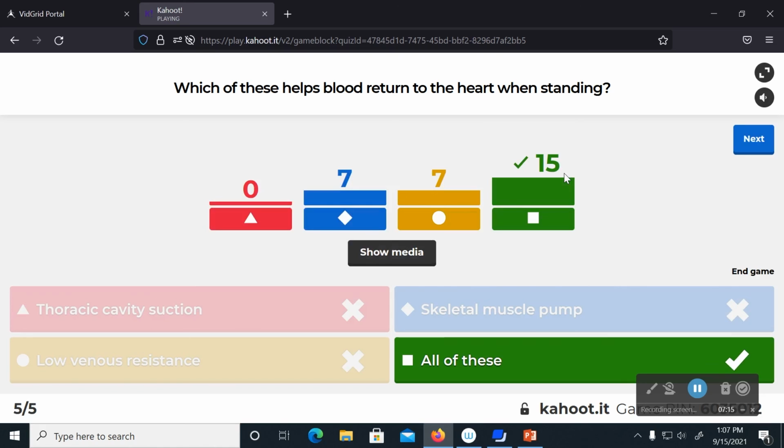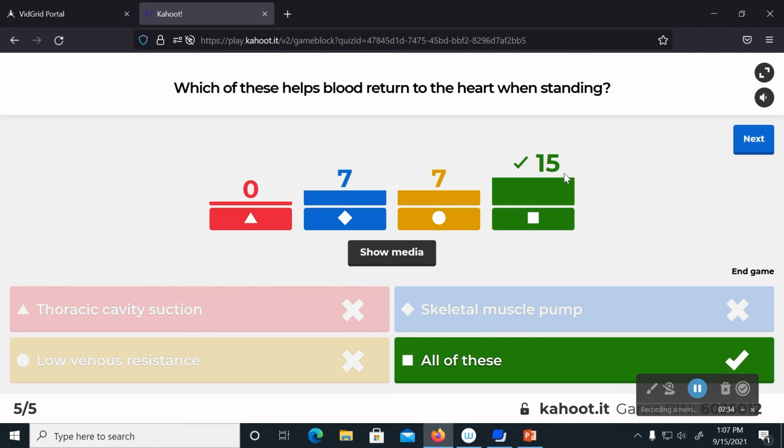Okay, skeletal muscle pump, absolutely. That's muscles contracting around veins because veins have valves that creates a pumping action, right? Low venous resistance, we did talk about that, how the veins have evolved to be low resistance pathways.